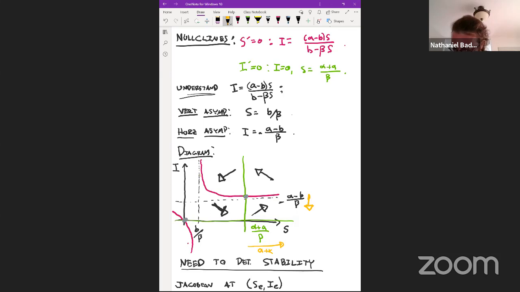This part doesn't move, but the null line moves down, and this null line moves over, plus K. And of course, there's nothing to stop us from pulling it far enough down that we cross the 0 line.